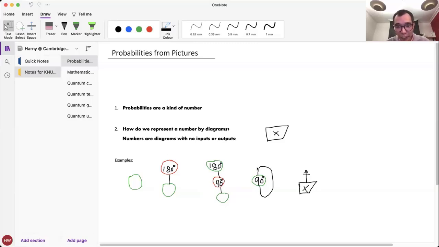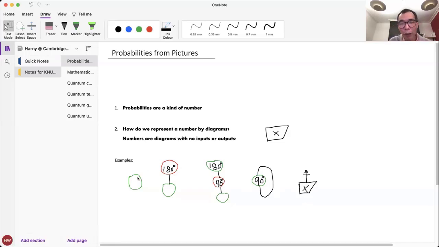Similar here, there's a phase. On this side you have input and output, but here they are connected. So in total, there's no input and output. And this box with the discarding still has no input and no output.